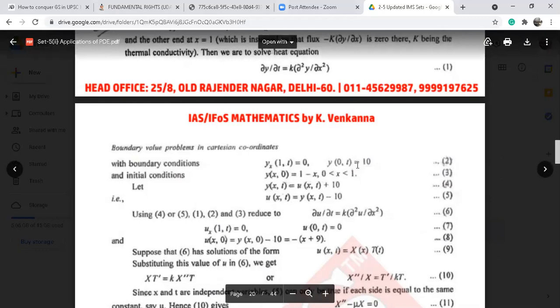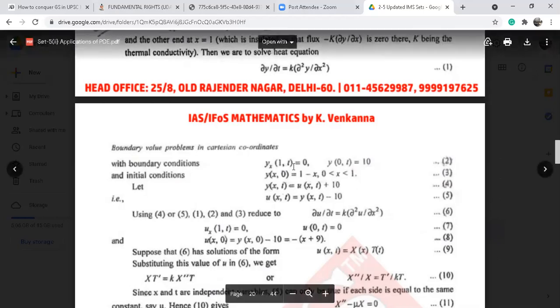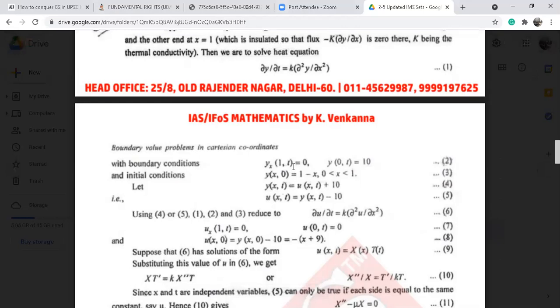Then y of 0,t is 10, and 10 minus 10 becomes 0, so u of 0,t becomes 0. That is what we wanted: both boundary conditions to be 0 so that we can easily eliminate the constants. We have achieved that. Now writing the initial condition: what was the shape of the curve at t equal to 0 for any given point? y of x,0 was 1 minus x.